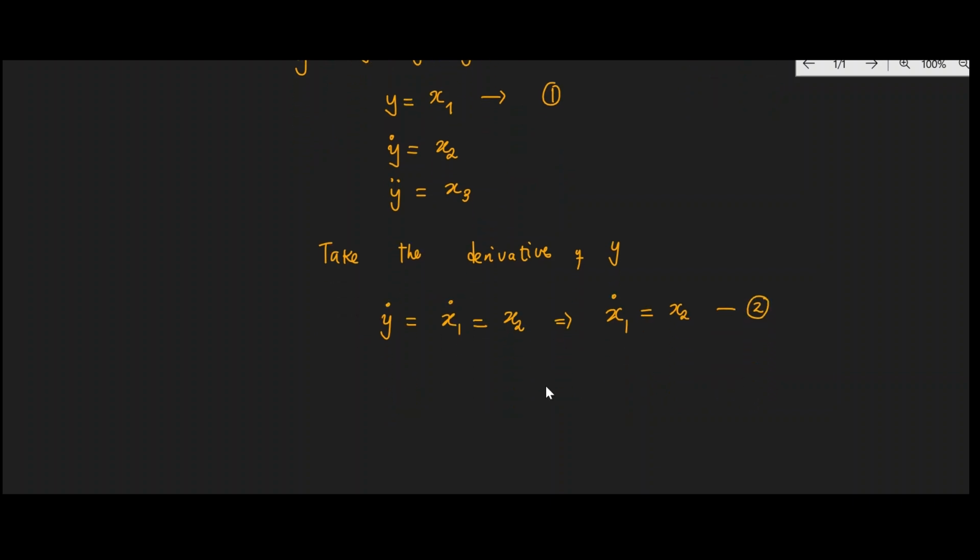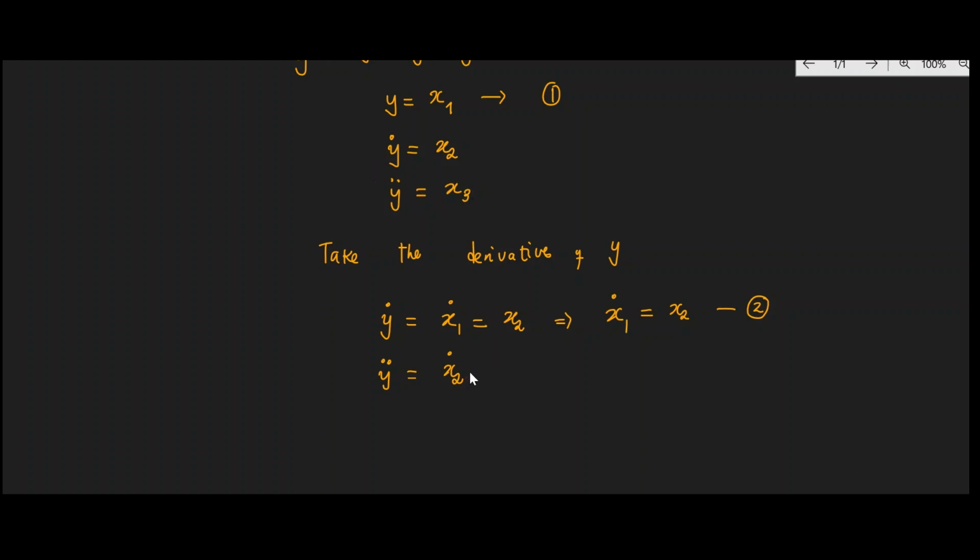And then let's take the derivative of the second equation, isn't it? So the derivative of the second equation becomes y dot dot, which is equal to x2 dot. So y dot dot is equal to x2 dot. But if you look at the preceding equation, which is the second derivative there, y dot dot is simply equal to x3.